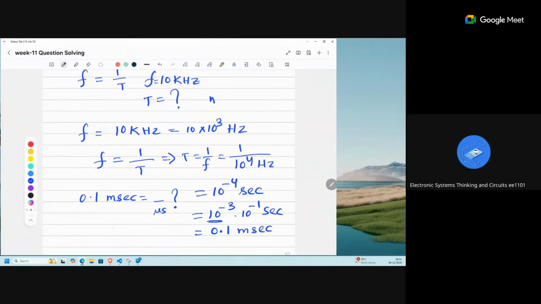Tell me the answer. 100 microseconds. 0.0001 microsecond. No, millisecond, sorry. 1 millisecond is equal to 1000 microseconds. Okay. Then 0.1 millisecond will be how many microseconds?